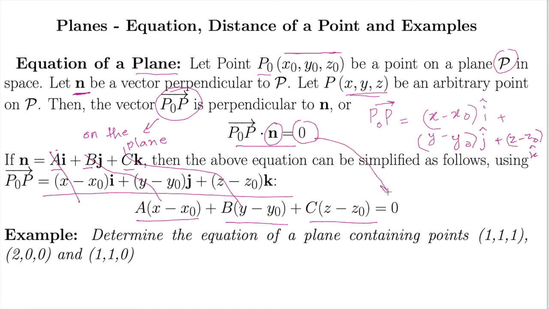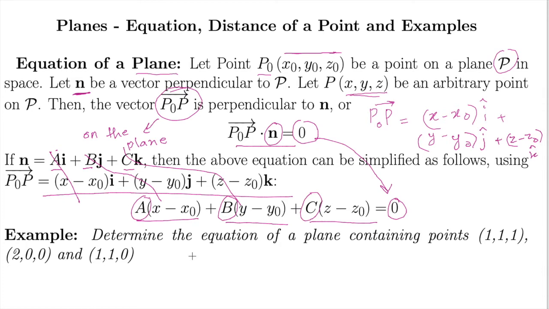So this is our equation of a plane which has a point (x0, y0, z0) and a normal vector whose i component is a, whose j component is b, and whose k component is c.